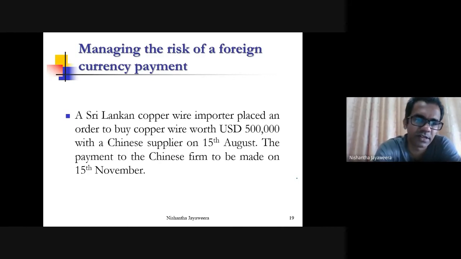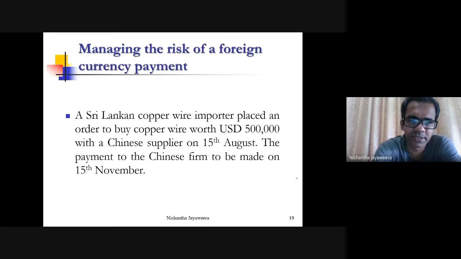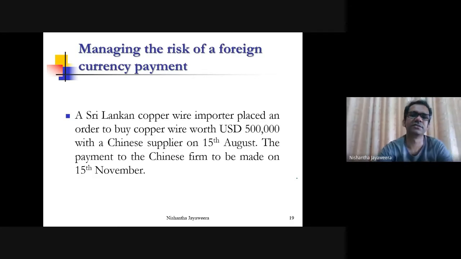Then what are the alternatives we have? Again, what are the pros and what are the cons? Here I have considered a Sri Lankan importer, because when you import goods or services, you have to pay in foreign currency.